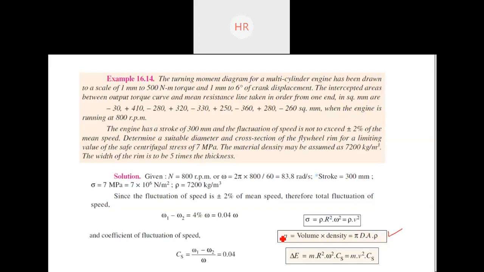Look at this equation: I have the value of density, I have the value of d, but the value of mass is not given to us. The value of mass is unknown. So first I am required to find the value of mass. Mass is present in this equation of fluctuation of energy.